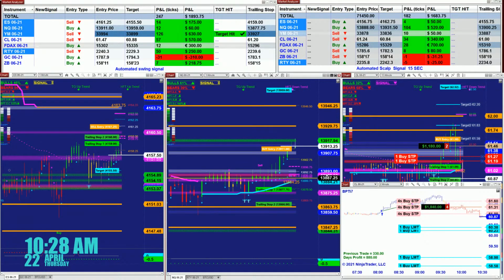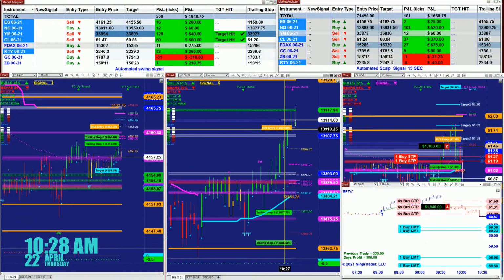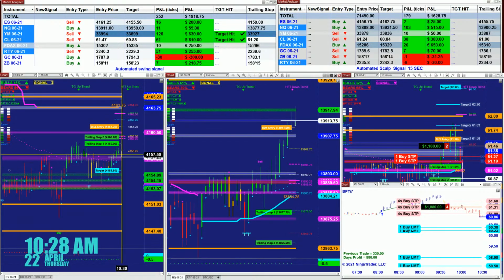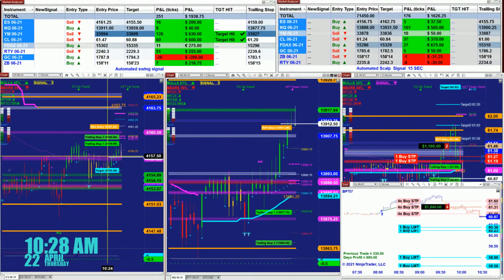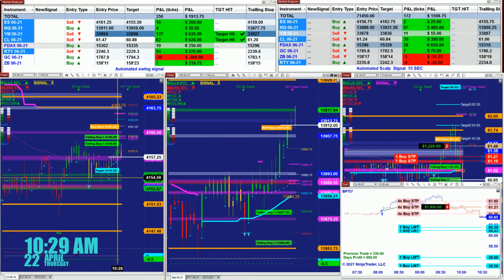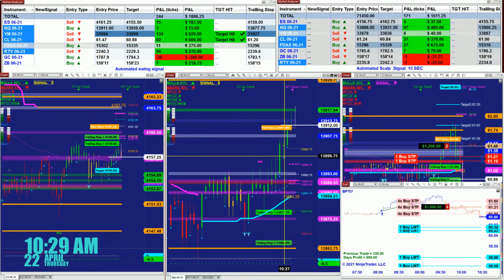The danger right now in taking an approach on the NASDAQ, when the ES has not been out of the woods yet, is that it can drop the ES down again, and it's going to drag the NASDAQ with it.